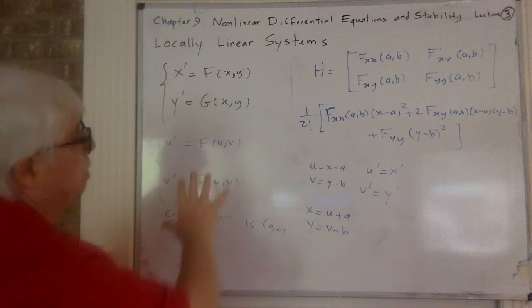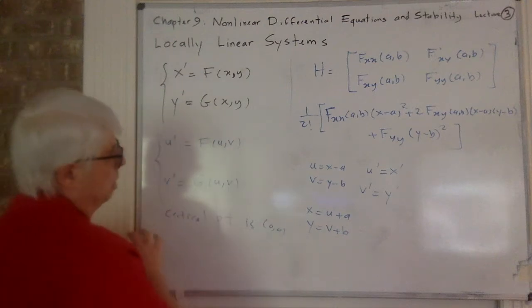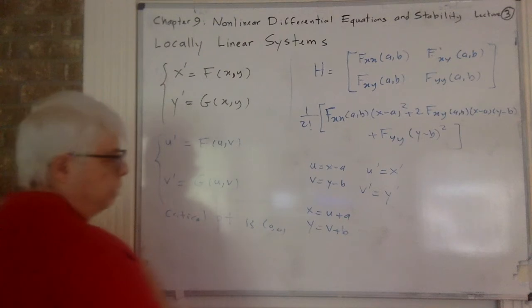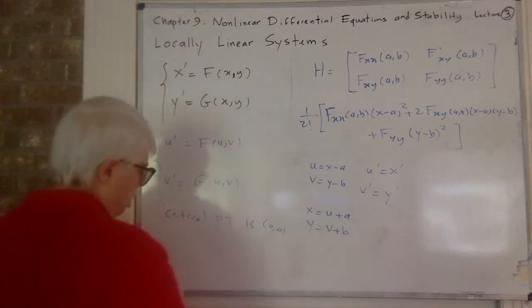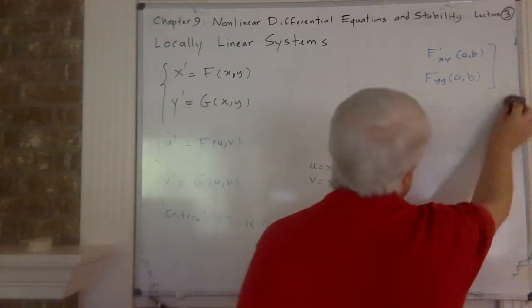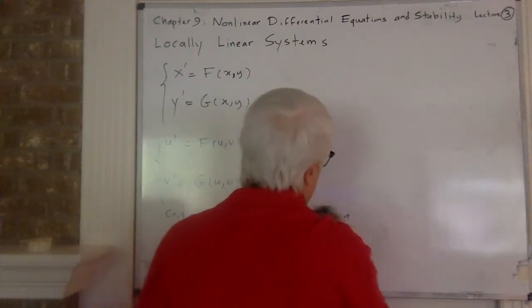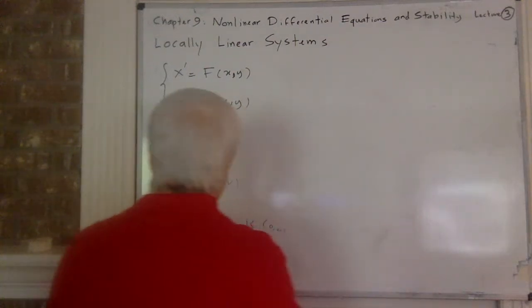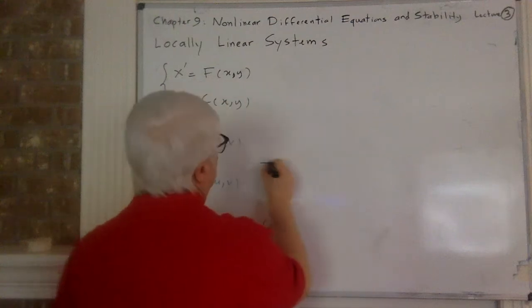and now when I linearize this, f of AB is 0. F of AB is 0, right? So when I linearize this thing and ignore the higher order terms, I will get this.